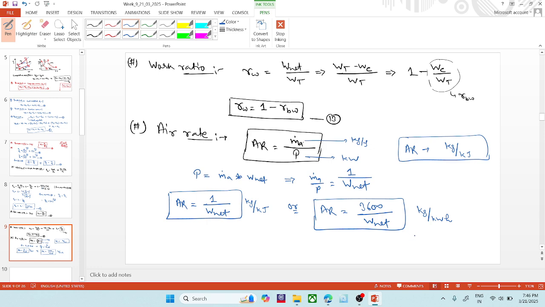If I call the previous one equation number 14, then this would be my equation number 15. So these are the important parameters which I wanted to explain.